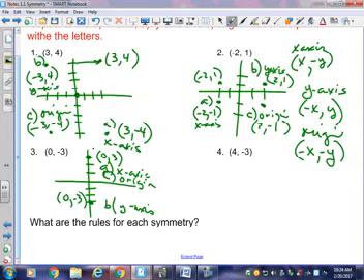All right, on this last question, I want you to make me the points without drawing it. I want you to use the rules and see if you can come up with, on these rules, how to change that point without graphing it and get each one.